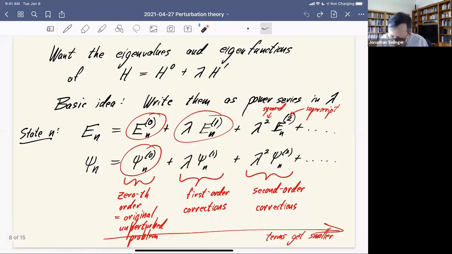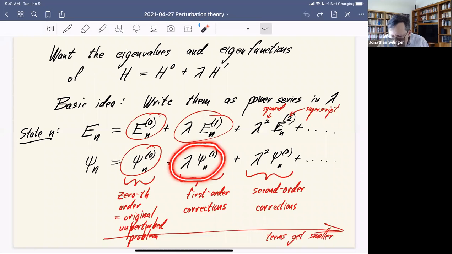If we go back to this plan for what we're trying to do, we already knew the 0th order terms. We now have this first order term for the energy. Now, what's next, right? Well, we might want to know the change in the wave function.